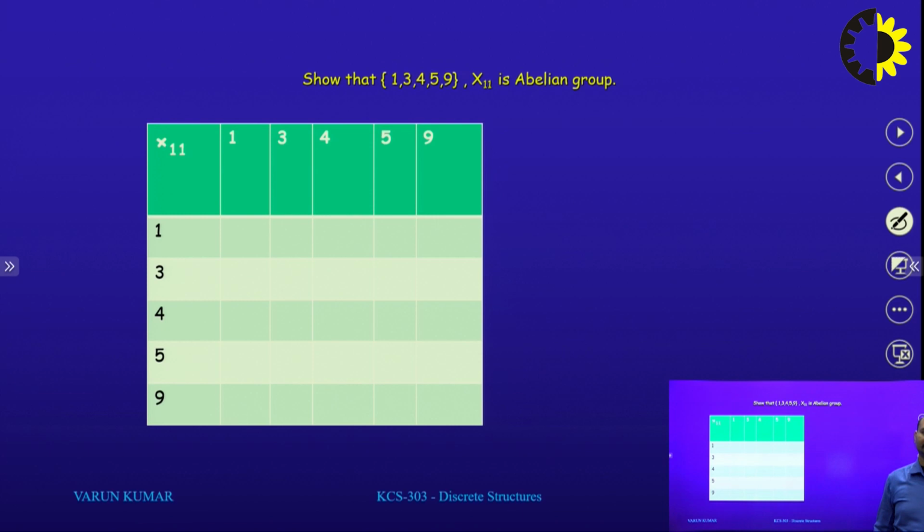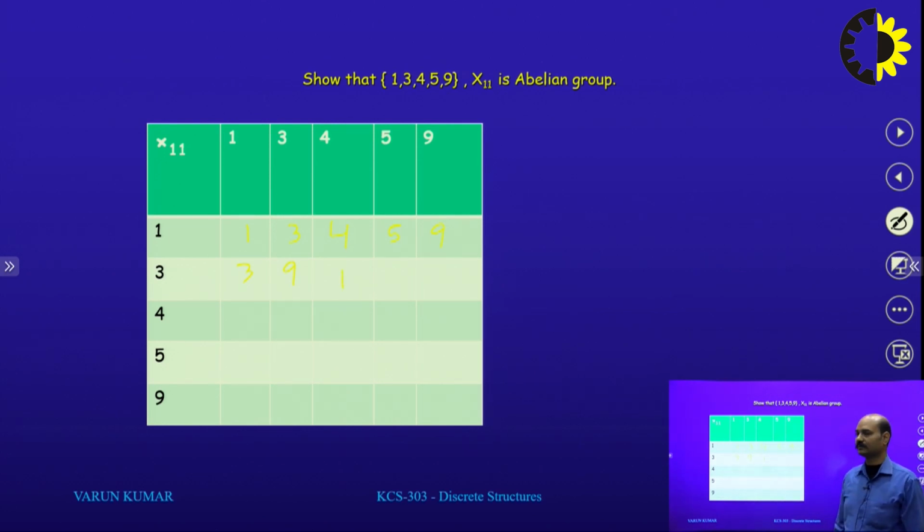So similarly you can solve this particular problem. 1 dot 1 is 1, 1 dot 3 becomes 3, then 1 dot 4 becomes 4, then 1 dot 5 becomes 5, 1 dot 9 becomes 9. Then 3 dot 1 becomes 3, 3 into 3 is 9, and 3 into 4 becomes 12, 12 divided by 11, the remainder is 1.